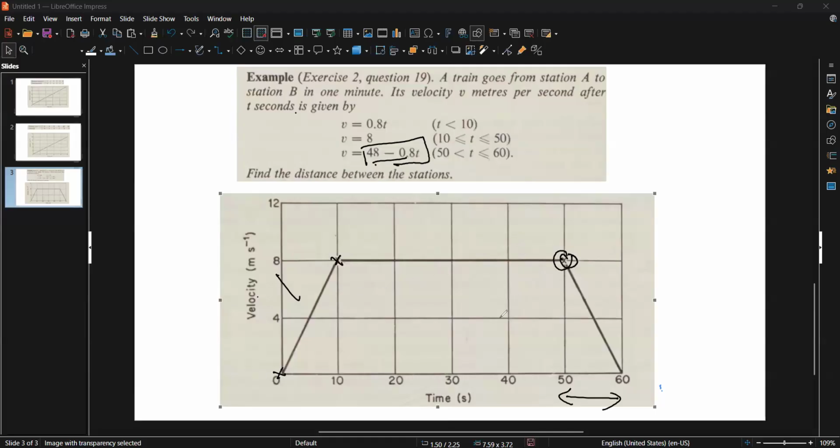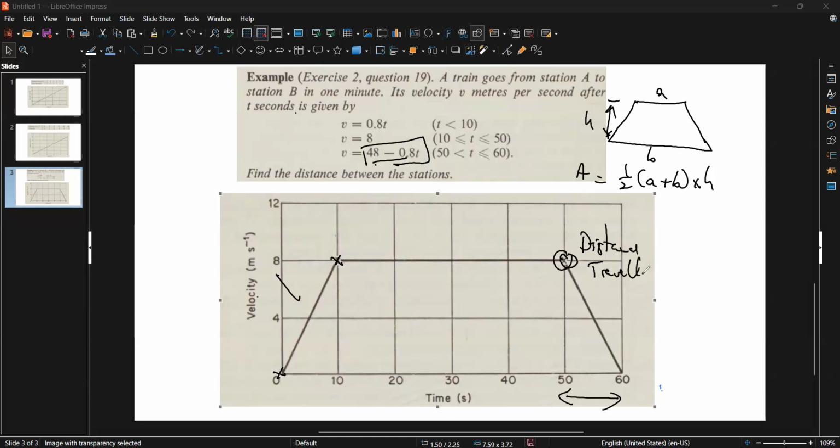There is a formula: if this side is A and this side is B, and the height of the trapezium is H, the area equals half times A plus B times H. So here, the distance traveled will be half of 40, since 10 to 50 is 40, plus the bottom, which is 60, times 8.